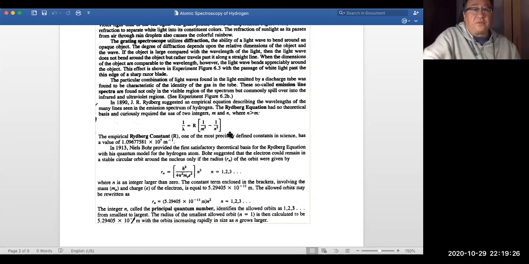Now, for our particular purposes, we don't need to memorize this. But it is important in that this equation was developed so that you could actually calculate the visible wavelengths of the hydrogen line spectrum. And it worked really well. And it actually worked well for predicting ultraviolet lines and infrared lines, which we can't see with the visible eye.